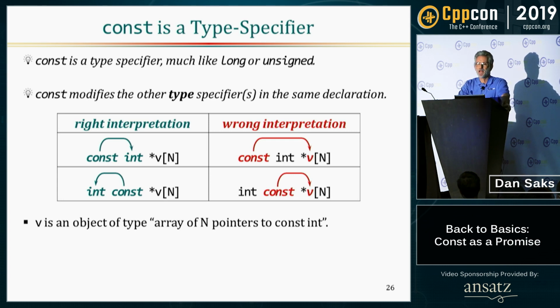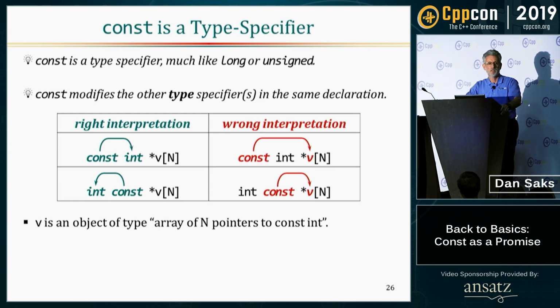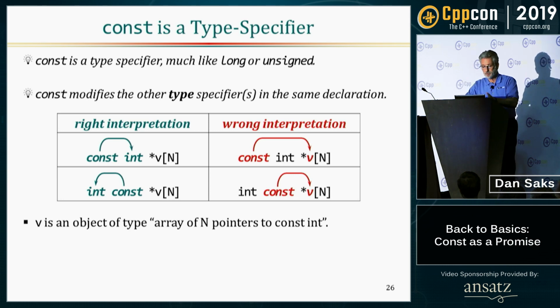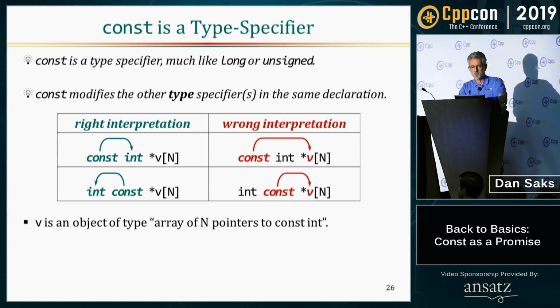And I got back a letter from somebody who had written this stuff in the right-hand column, expecting const to behave like static. And so I thought it was worth a moment to point this out. It never occurred to me that it was anything but that const modified the int, but it's worth mentioning. It's a type specifier.